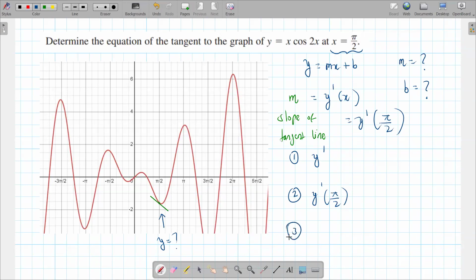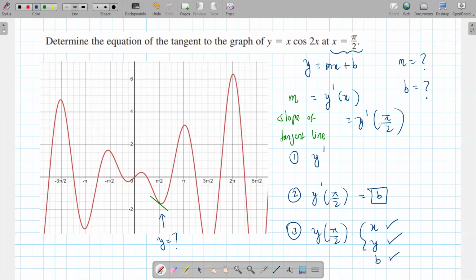Step 3, you're going to plug y and x. Do we have the y value? We don't have the y value. You're going to first find the y value by plugging the x value into the main equation. This will give you the y value. And now you have your x value, which was always given, you just found your y value, and you also have the slope.